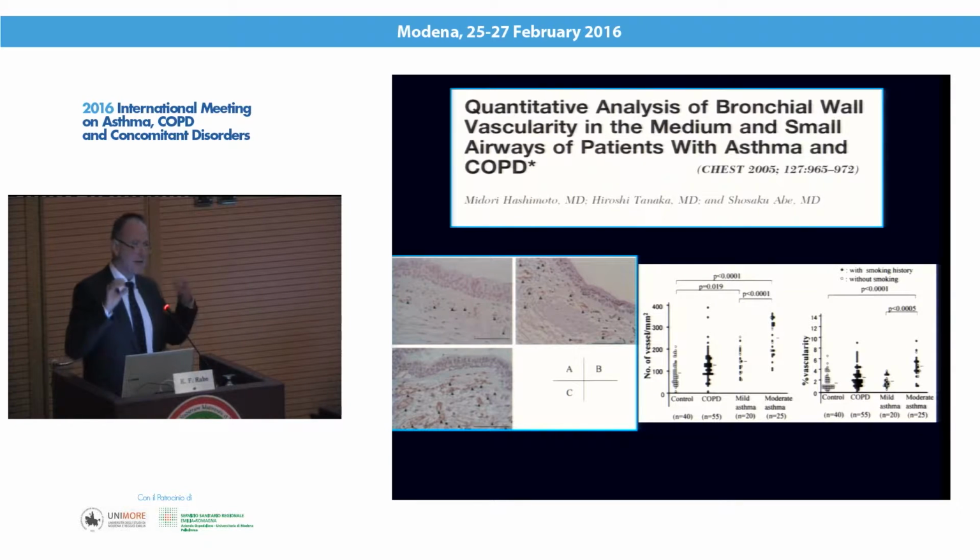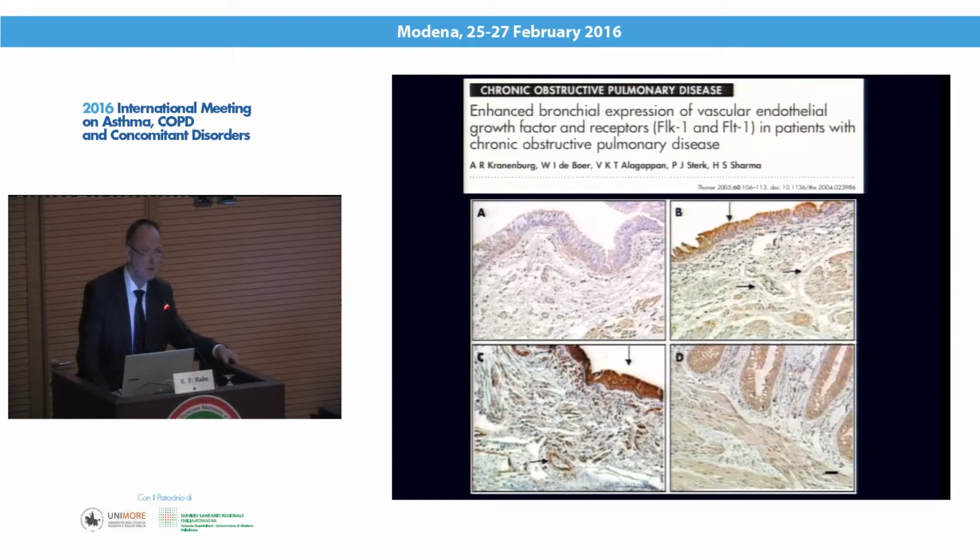So if you look at the relation of vascular surface versus airway surface, you realize how big this compartment in fact is, and what pathophysiological capacities you will have in that. And that's also true for COPD, although to a lesser extent.